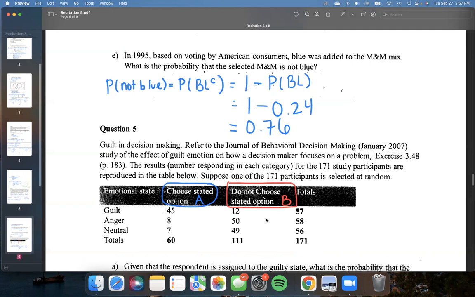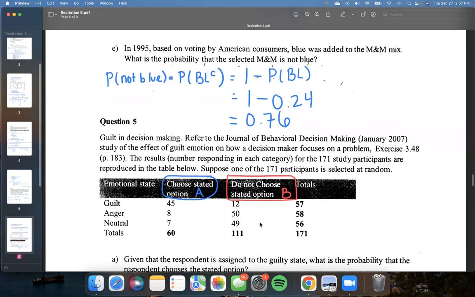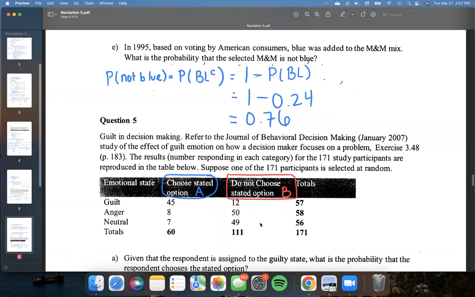Okay, so given that the respondent is assigned to the guilty state, what is the probability that the respondent chooses the stated option? So here, just for my purposes of showing my work, I'm saying that event A is choose stated option and B is do not choose stated option. So that's just how I'm going to refer to them when I'm doing my work below.